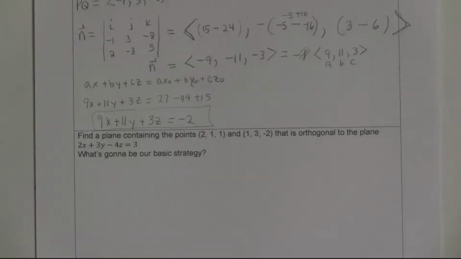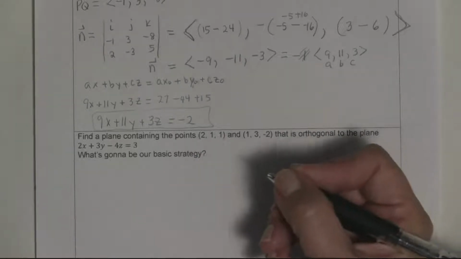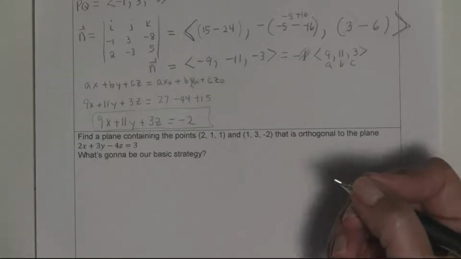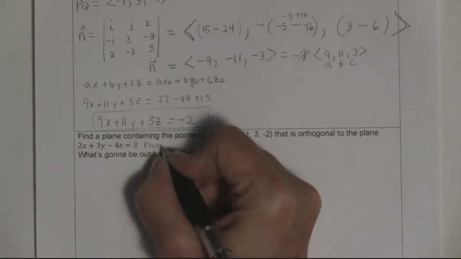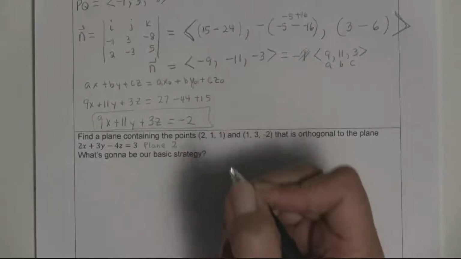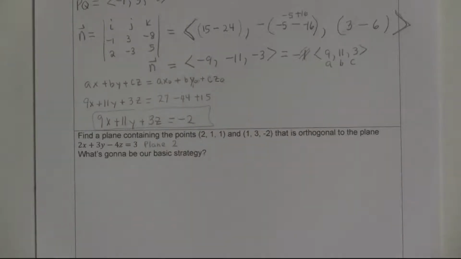I'm going to call plane 1 the plane that we're trying to come up with. And I'm going to call this plane 2. And what they're saying about that plane 2 is that it is orthogonal to our plane.